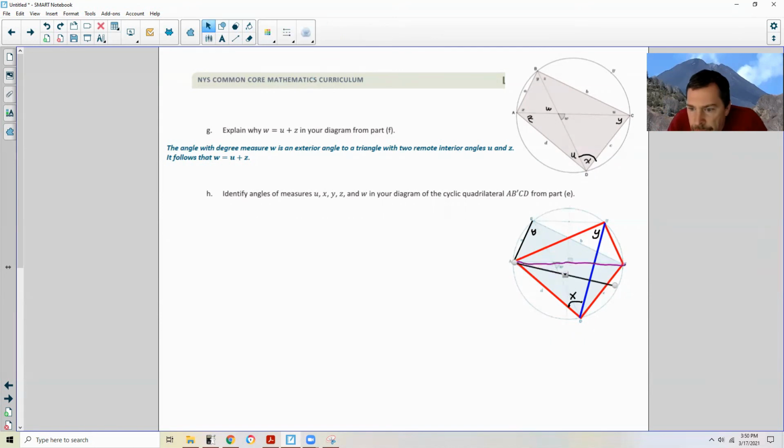If this is X, like so, A, D, B prime is X, then what other angle has those two endpoints? If I move this over to here and move this up to here, it shares, did I do that right? This has to go over here and this has to come up here.